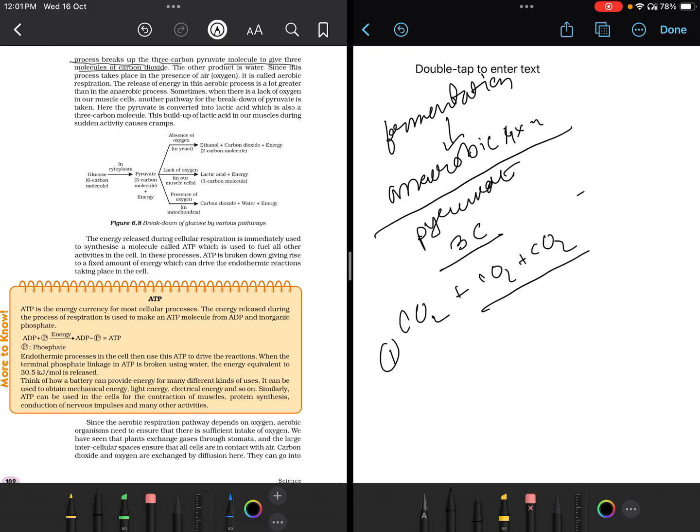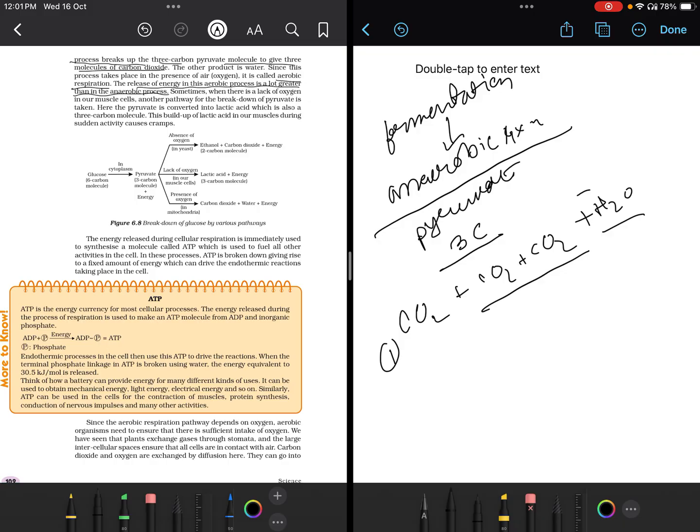The other product is water. Since this process takes place in presence of air, it is called aerobic respiration. I have already explained the terms aerobic and anaerobic, so I think it is clear to you all. The release of energy in this aerobic process is a lot greater than the anaerobic process.